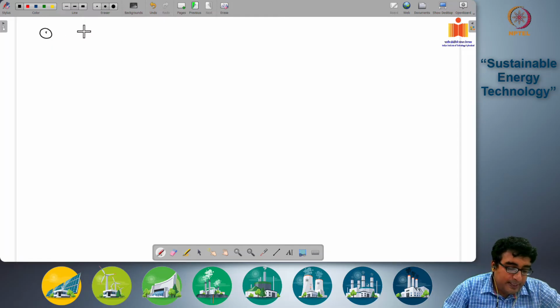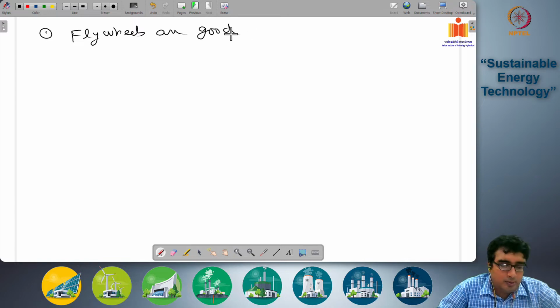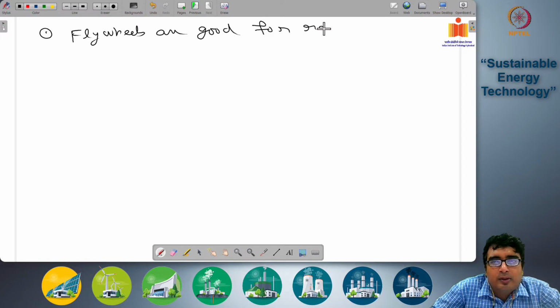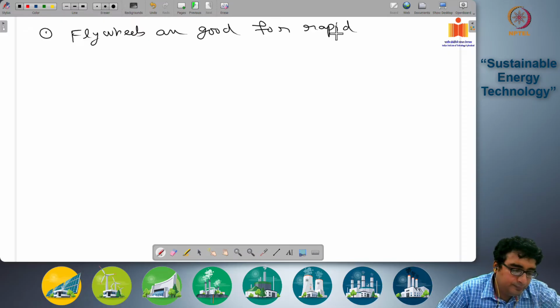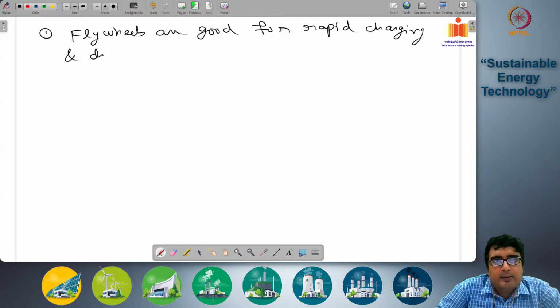So typical places where flywheels are good are for rapid charging and discharging.